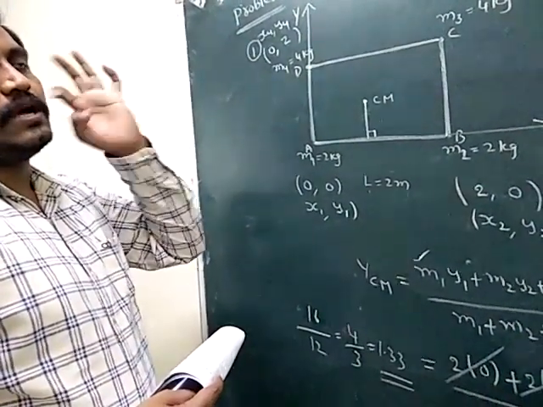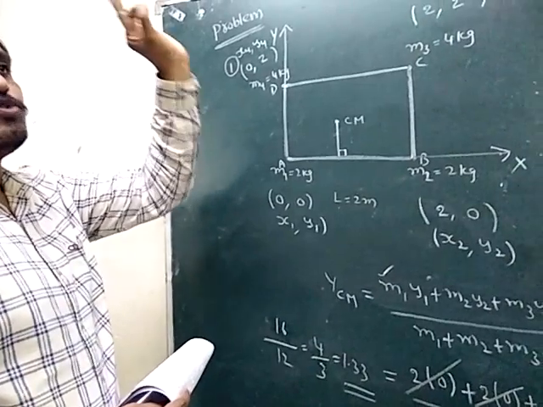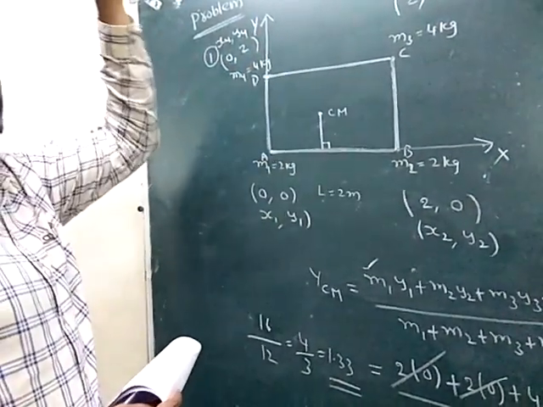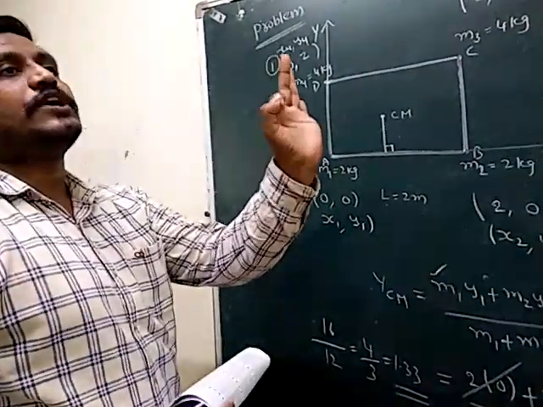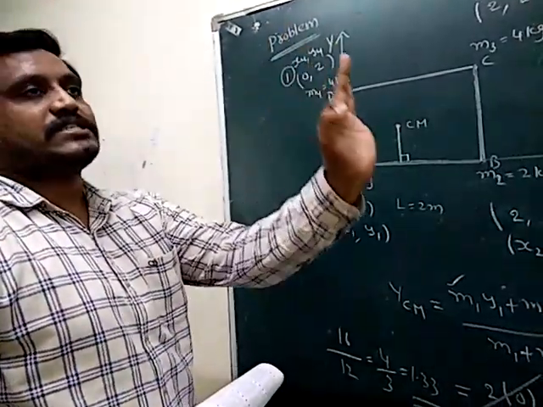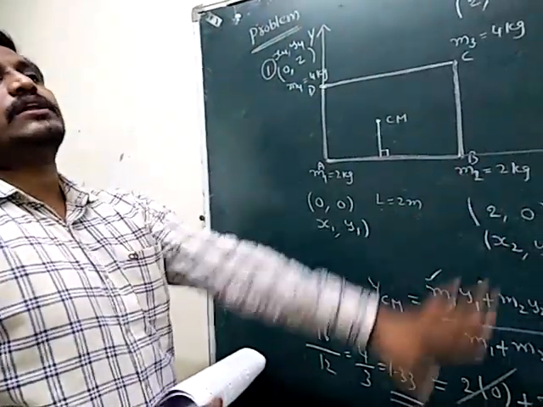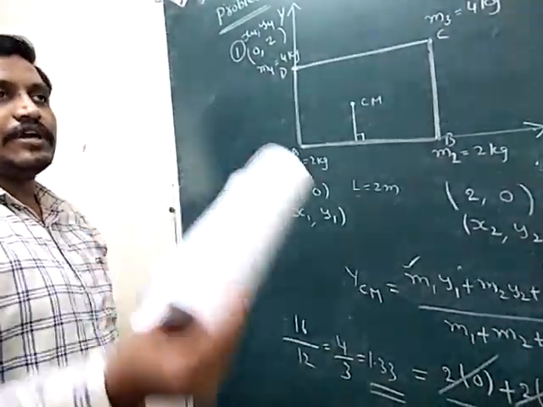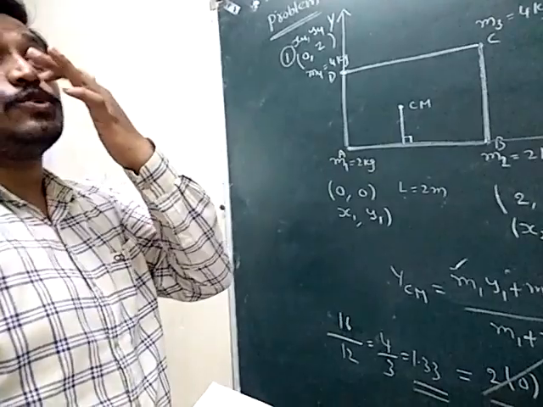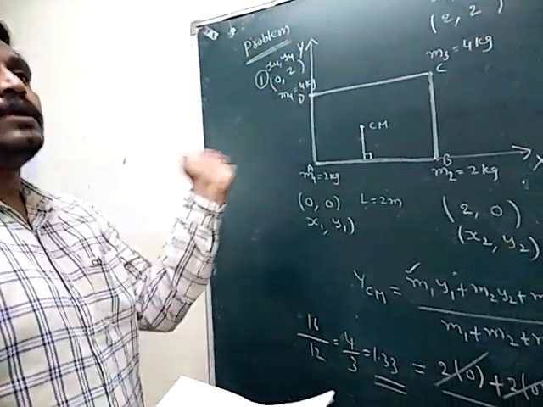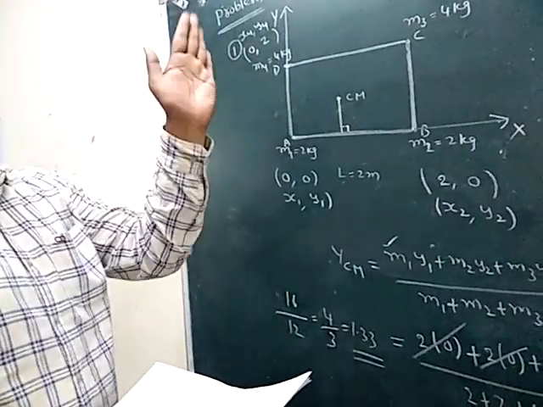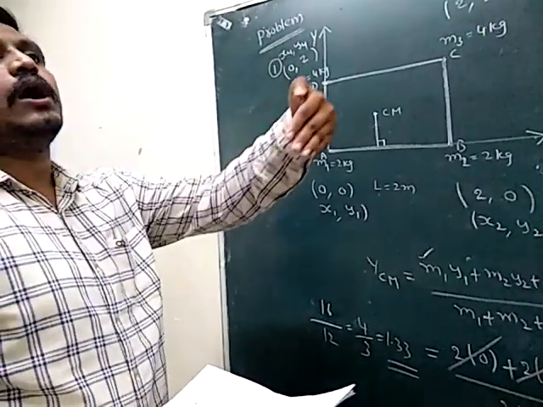In this method, for center of mass, we assume a coordinate system, identify the coordinates and use the formula to determine XCM, YCM and ZCM. What is the XCM formula? M1 x1 plus M2 x2 plus M3 x3 and so on, by M1 plus M2 plus M3 and so on.